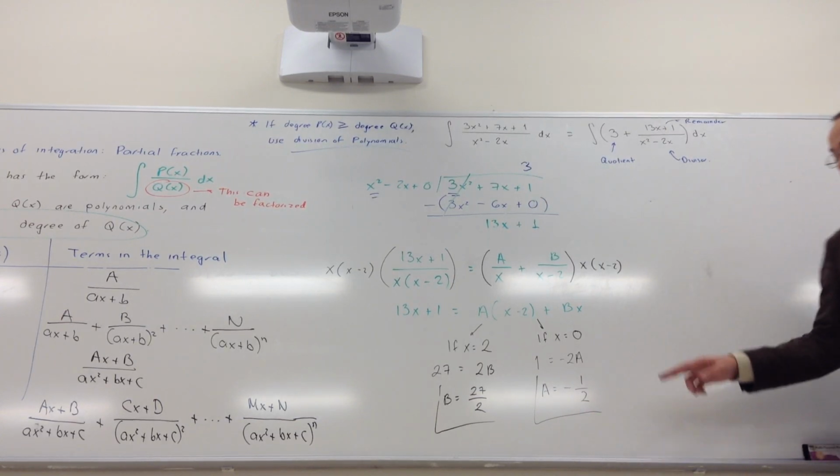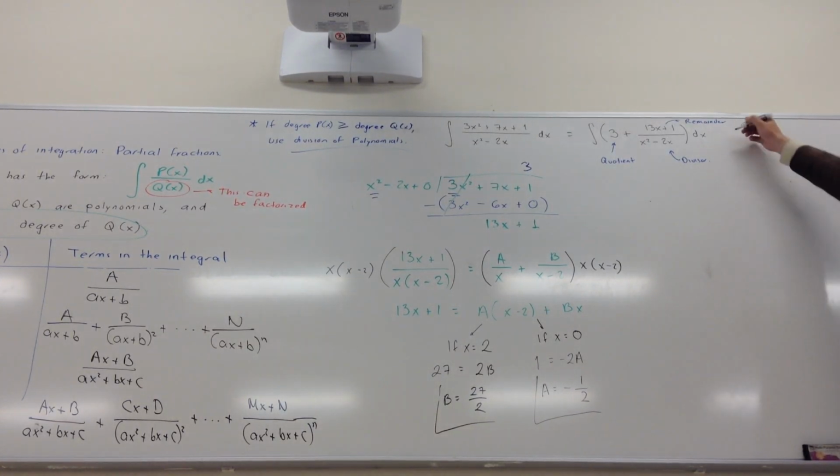Careful, please, careful. Okay, so my new integral is 3 plus, well, minus 1 half over x plus 27 halves over x minus 2 dx. Yeah?